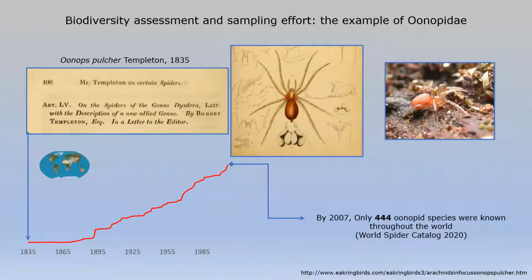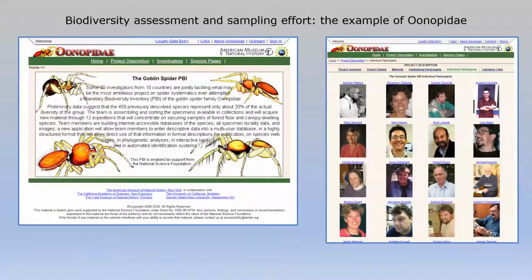But then, in 2007, we started the Goblin Spiders PBI, an NSF-funded initiative coordinated by the late Norman Platnick. This project congregated over 40 taxonomists worldwide, myself included, all dedicated to resolving the Oonopid taxonomy, sharing information and specimens, and using the best of the technology available by then.